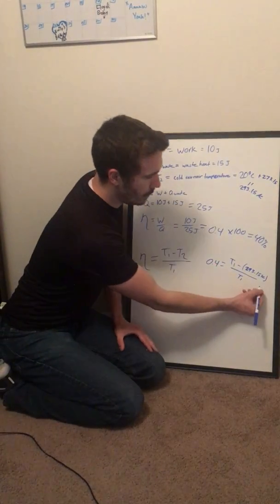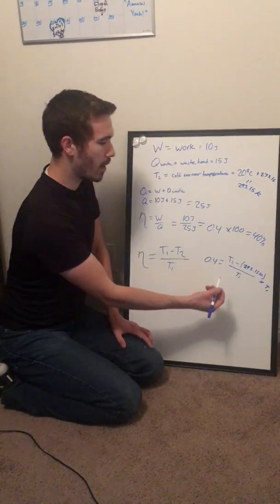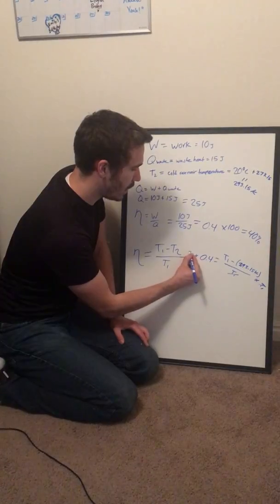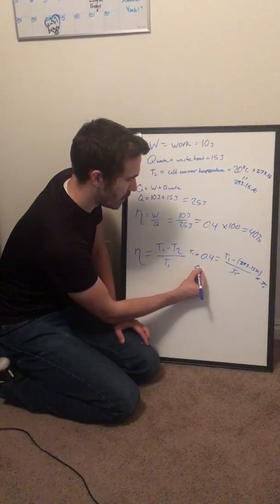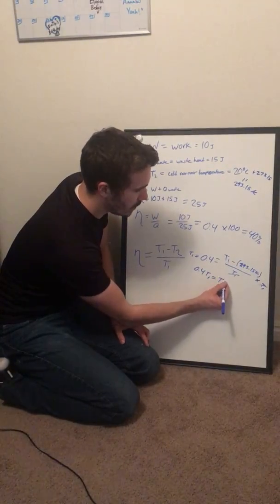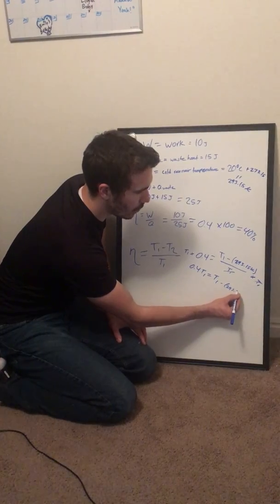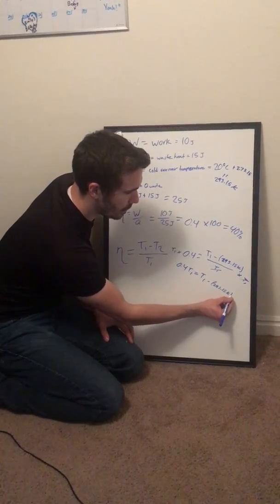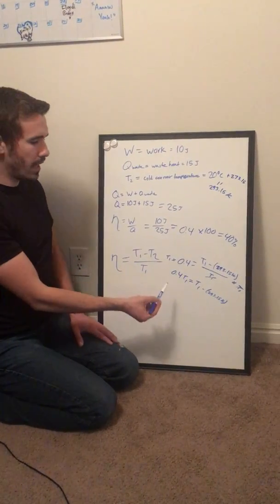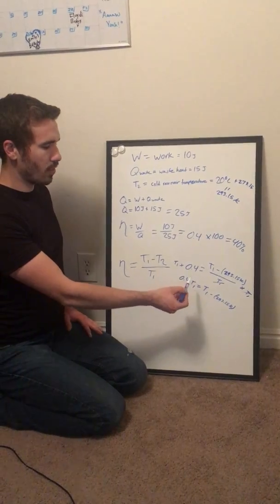First we can multiply by T1 to get it off the bottom, which will cancel on this side. We multiply by T1 on this side as well, which gives us 0.4 T1 equals T1 minus 293.15 Kelvin. Now we have 0.4 T1, and on this side we basically have 1 T1 because there's no number before it.